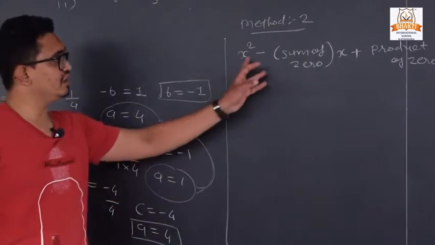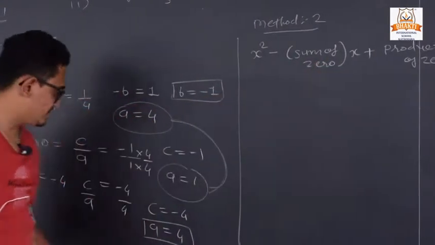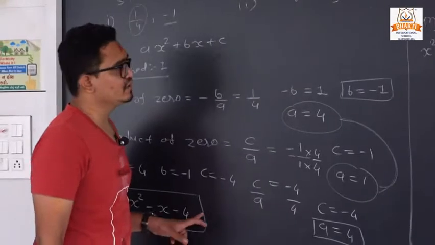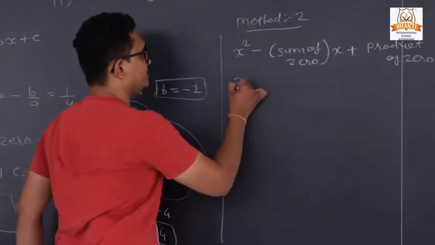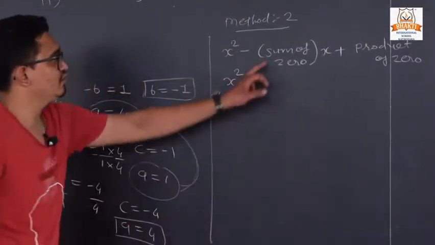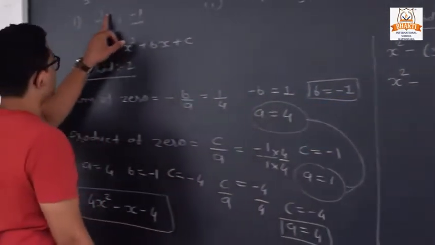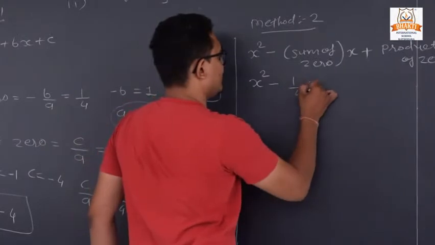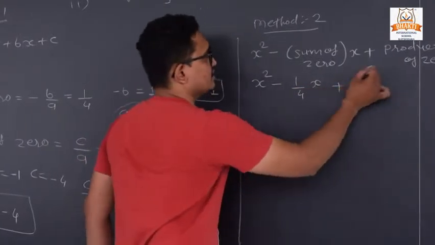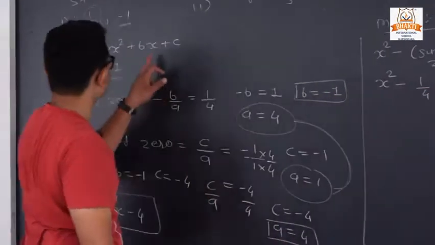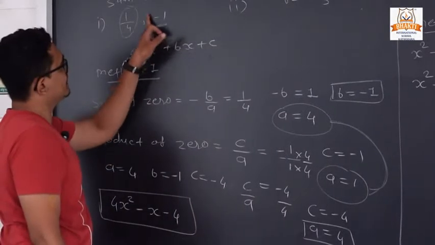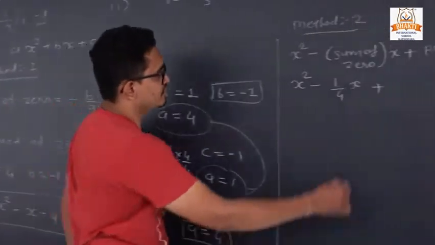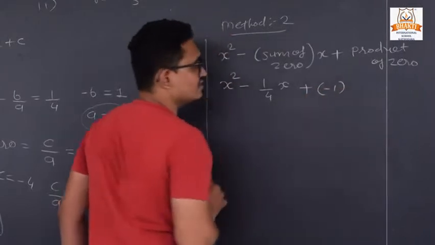We'll put in all the values and we can find the same equation. Clear? So x square will be the same. Now sum of zeros is given. Sum of zeros is what? 1 by 4. So 1 by 4 x plus product of zeros, which is also given. Product of zeros is minus 1. So here we can write minus 1.